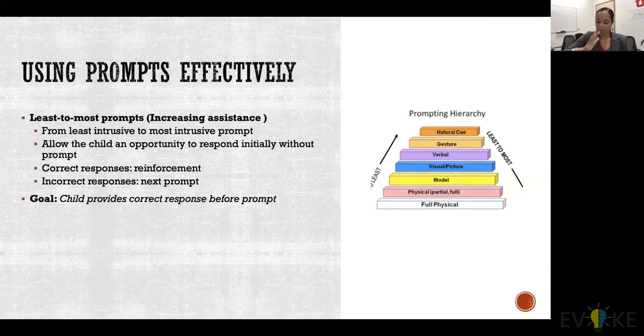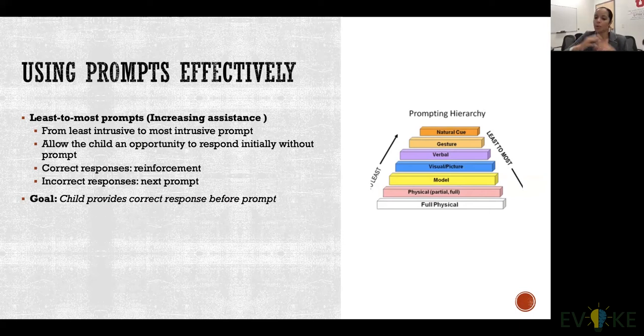The teacher progresses through the prompt hierarchy, first simply providing the natural cue or the instruction. If the child responds correctly, then you provide the reinforcement. If the child responds incorrectly, you provide the next prompt, which would be a more intrusive or more assistance prompt.